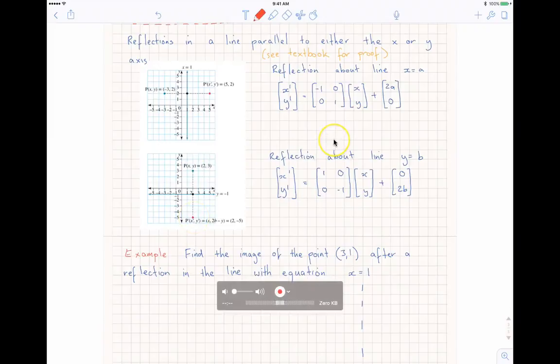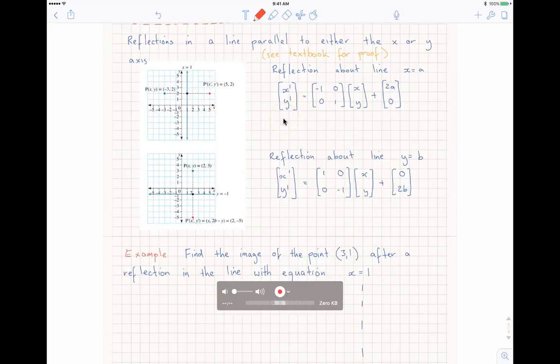So the transformations that are required: if we're reflecting about a line x equals a, we multiply first by the matrix -1, 0, 0, 1, and then we add this matrix here, which is 2a, 0. That comes from working out what the distance is between our line and the y-axis and doubling it so that we get where our new point is going to be positioned.